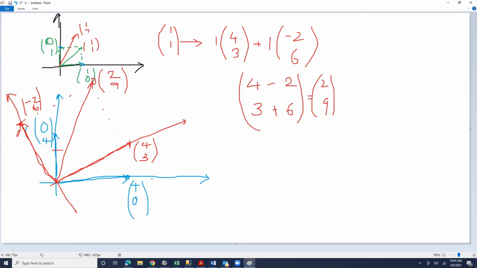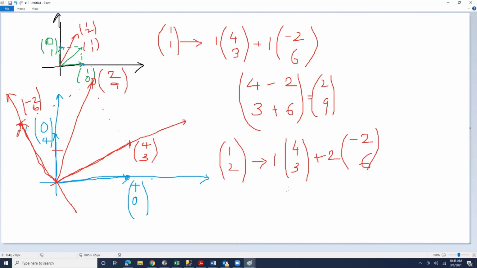I'm claiming that where 1, 2 ends up is found the same way. To know where 1, 2 ended up, I take 1, multiply that with 4, 3, and add 2 multiplied with minus 2, 6.